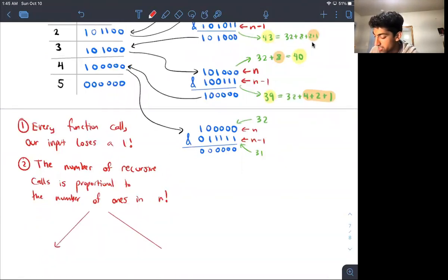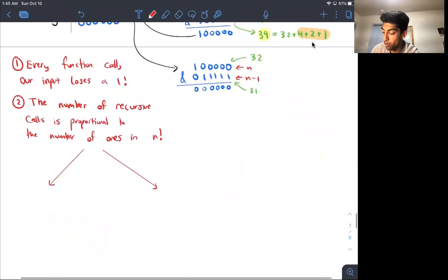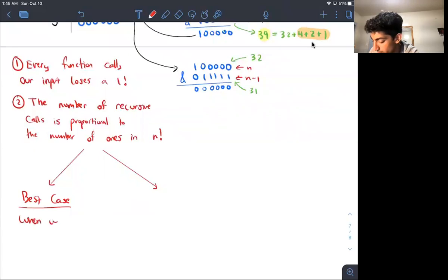Okay, coming back, looking at the best and worst case, just the possibilities, like what they are. When we're looking at the best case here, it's the situation when we have as few ones as possible.